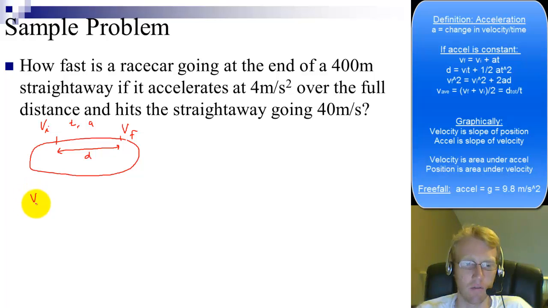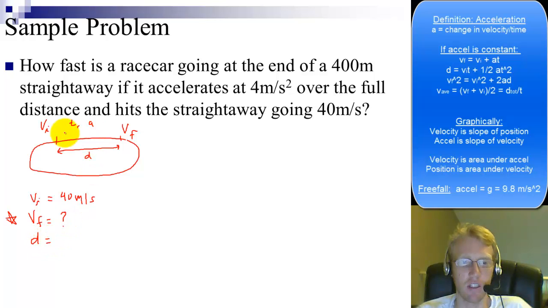So let's write down what we know. V initial, at the point it hits the straightaway, it's already going 40 meters per second, so we write that down. V final, how fast is the race car going at the end? That's what we're trying to find. Put a star by it so we know that's what we're looking for. How about the distance? How far is it traveling on this straightaway?